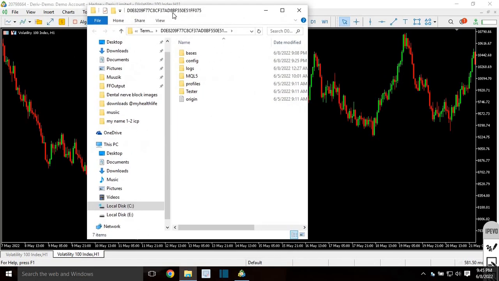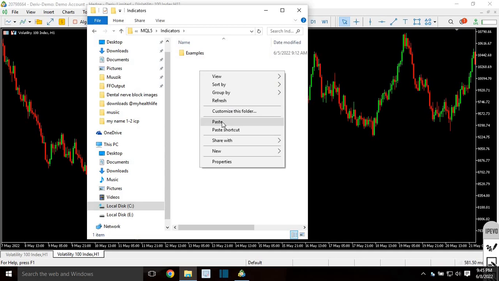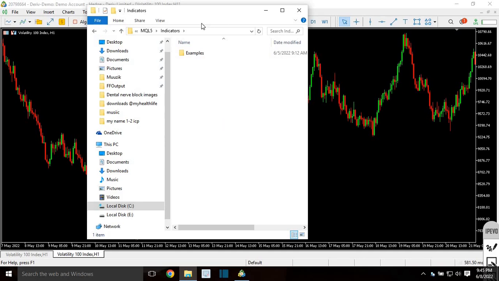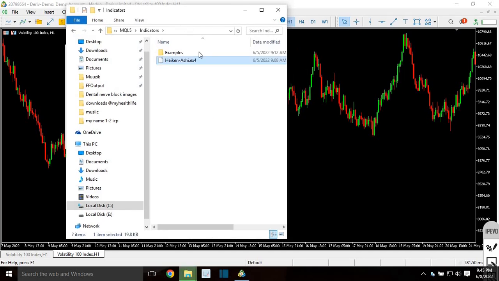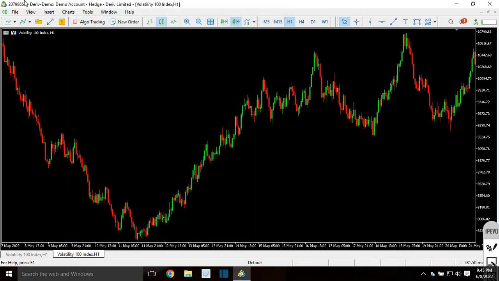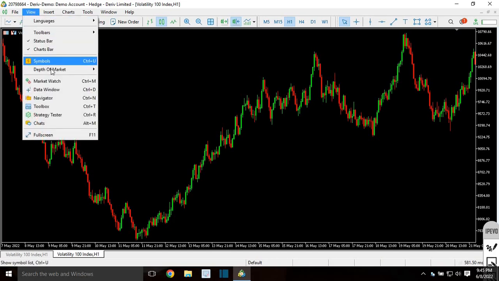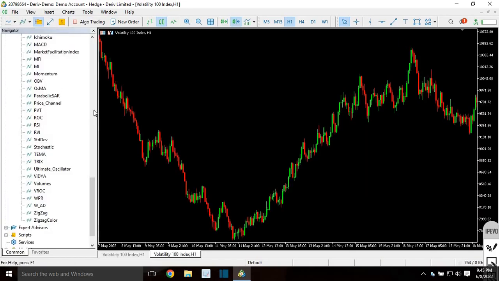When the data folder opens, click on MQL5, or MQL4 if you are using MetaTrader 4, and head over to Indicators. Paste it in here. So it is pasted here, so let's go ahead and close this, and right now click on View and Navigator.